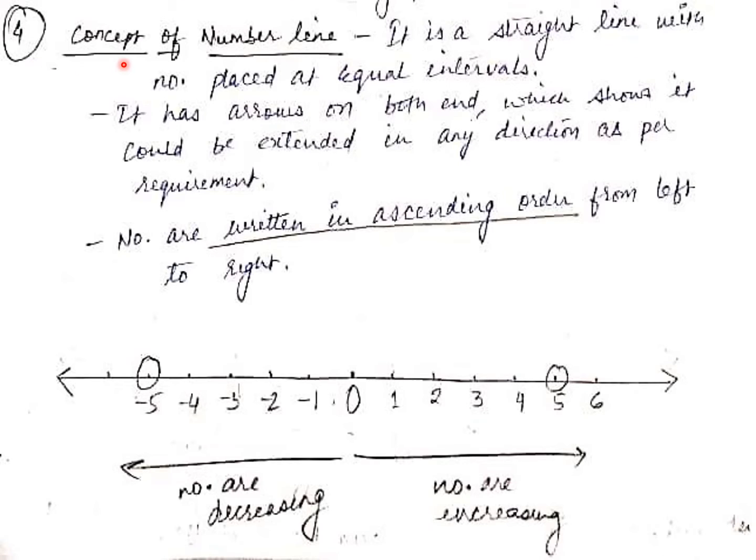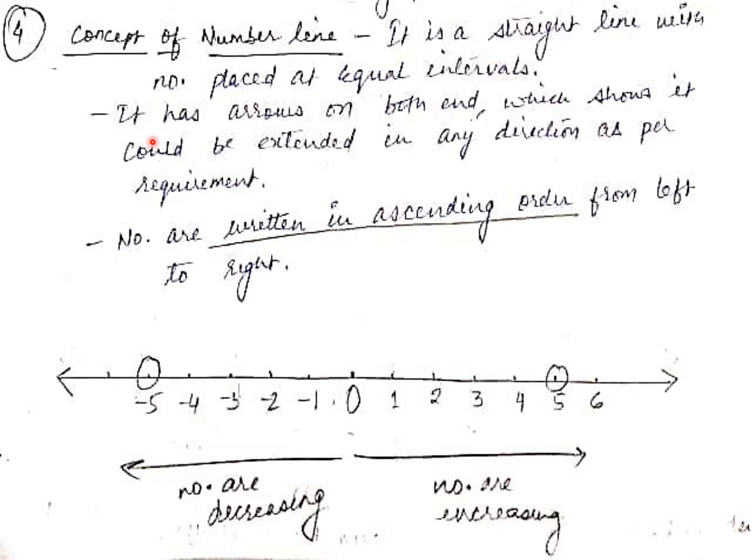Fourth point is concept of number line. It is a very important concept that we are studying. So let's recall it one more time. It is a straight line with numbers placed at equal intervals. So the main thing is numbers are placed at equal intervals. It is not telling us how much equal interval, but it should be equal.